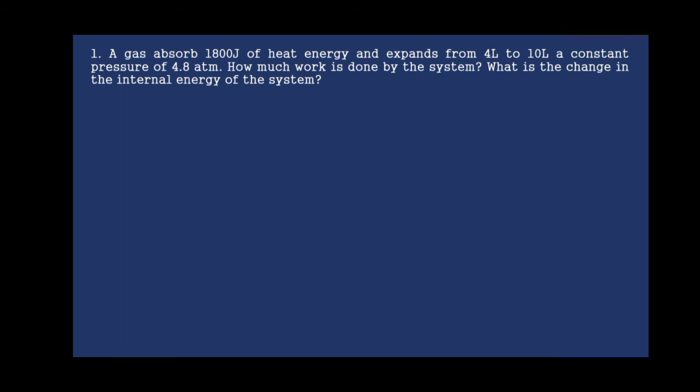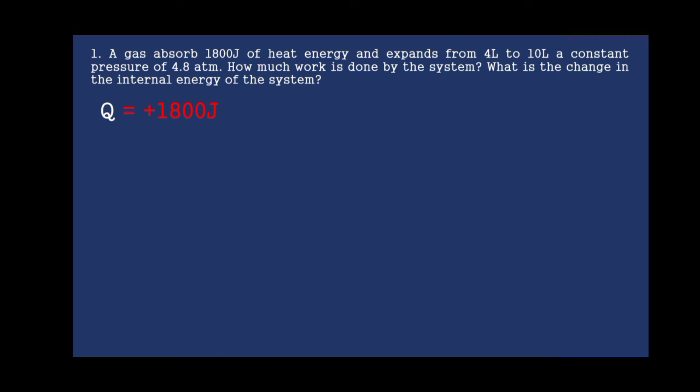A gas absorbs 1,800 joules of heat energy and expands from 4 liters to 10 liters at a constant pressure of 4.8 atm. How much work is done by the system, and what is the change in the internal energy of the system? Since the question indicates that the heat energy was absorbed by the system, the heat energy is positive, so it's positive 1,800 joules.